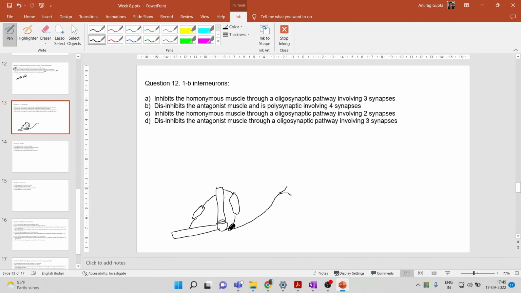So this is a 1B afferent, and now we know that afferents always cause an excitation, right?